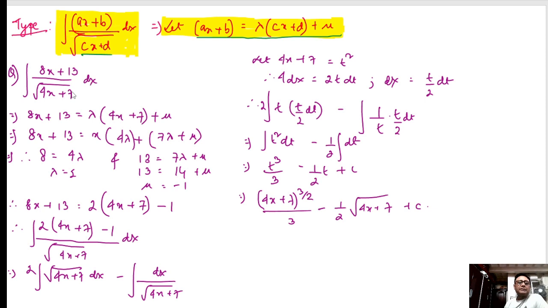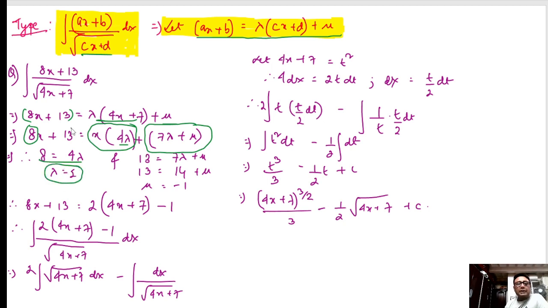So if this is the sum we are taking, let 8x plus 13 equal lambda times of this plus mu. So now keeping the x coefficient separate and constant separate, we see that our x coefficient is 4 lambda, their x coefficient is 8. So equating it, we get lambda as 2.